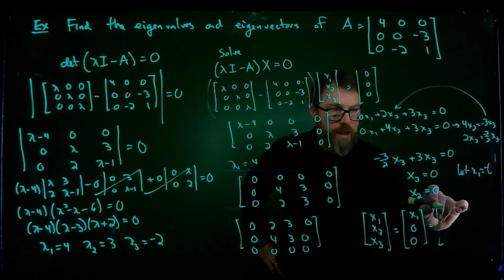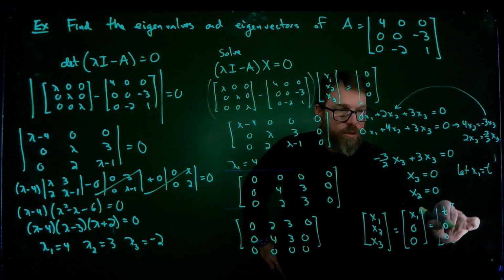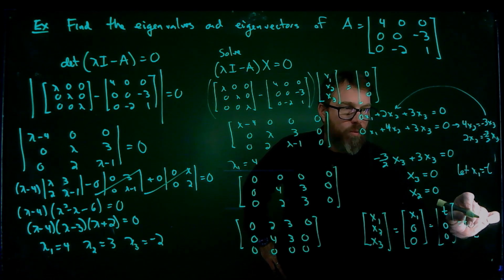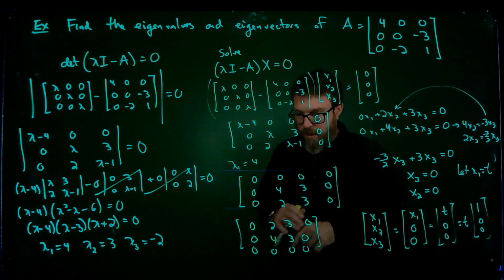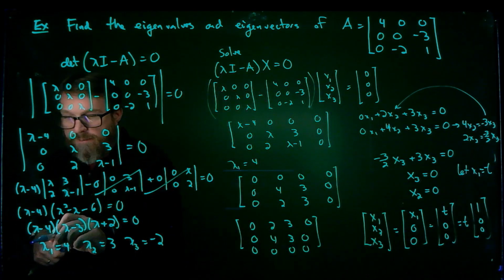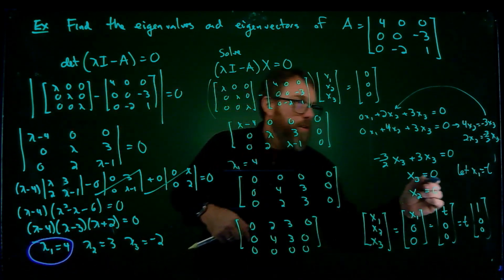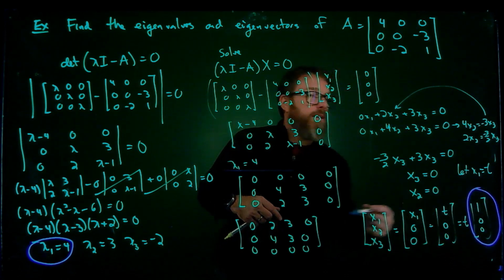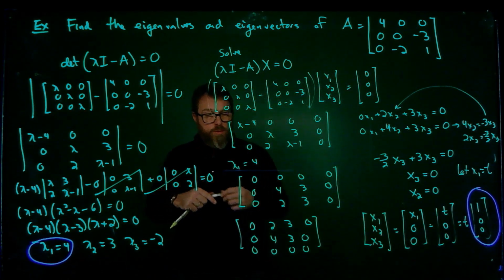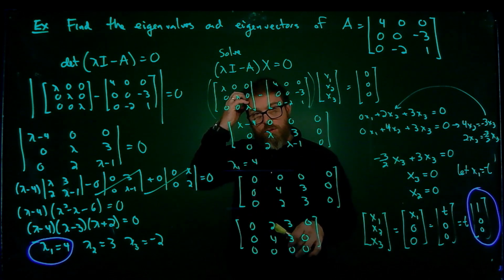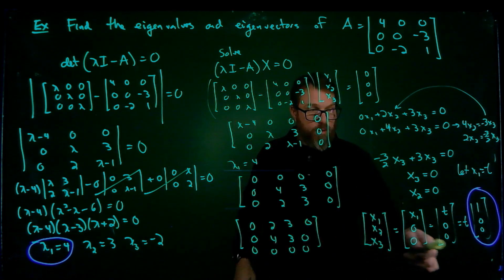So then this would be t, 0, 0. So then factor out my t, I'm going to get 1, 0, 0. So this eigenvalue comes with this eigenvector. And the other ones are done very similarly. Remember, you're going to get infinite solutions. You just parameterize them, and then you solve.